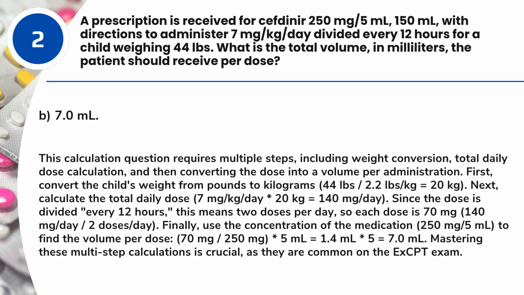Finally, use the concentration of the medication, 250 mg per 5 mL, to find the volume per dose: 70 mg / 250 mg * 5 mL equals 0.28 * 5 mL, which is 1.4 mL. Mastering these multi-step calculations is crucial, as they are common on the ExCPT exam.